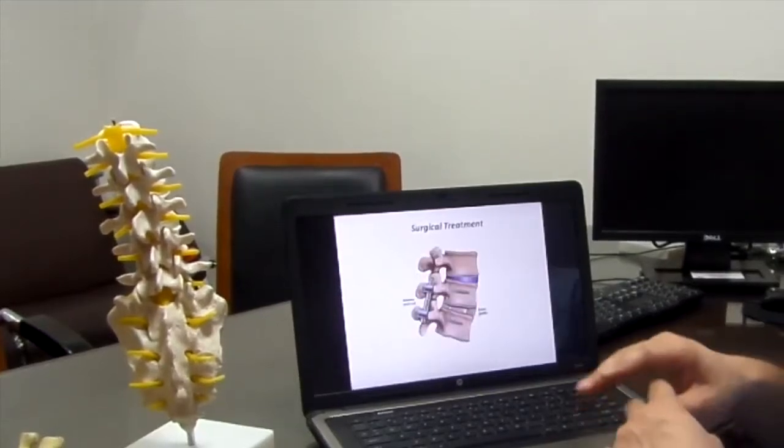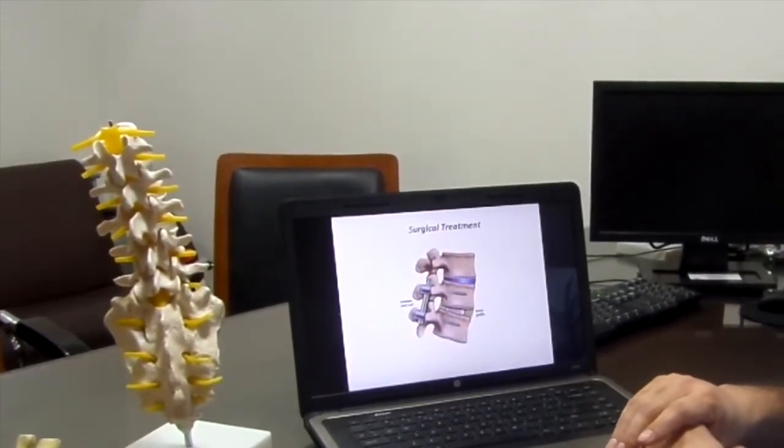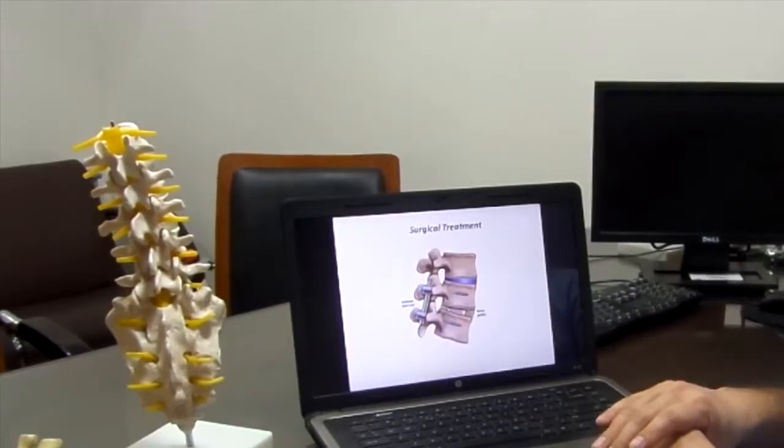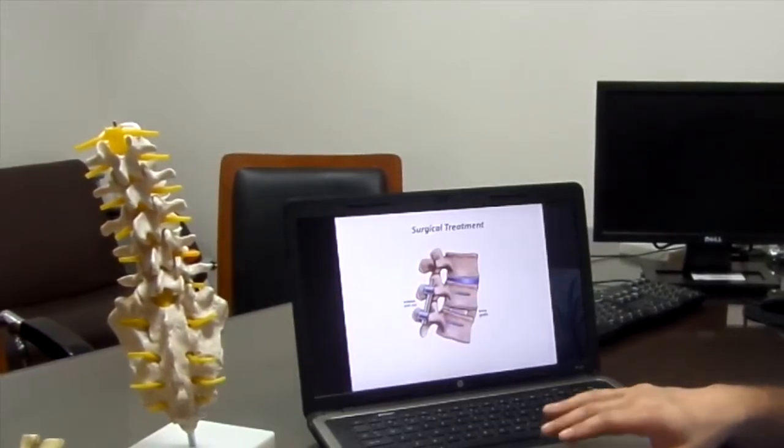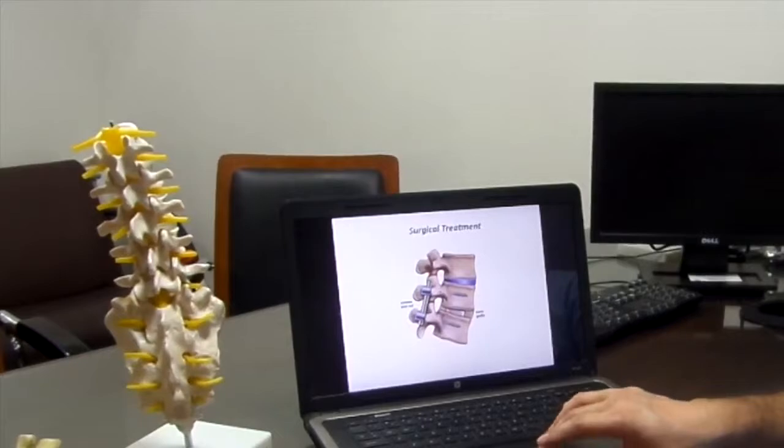When everything else fails, one can just block the facet joint by a surgical technique where the surgeons will put in screws across the damaged motion segment.